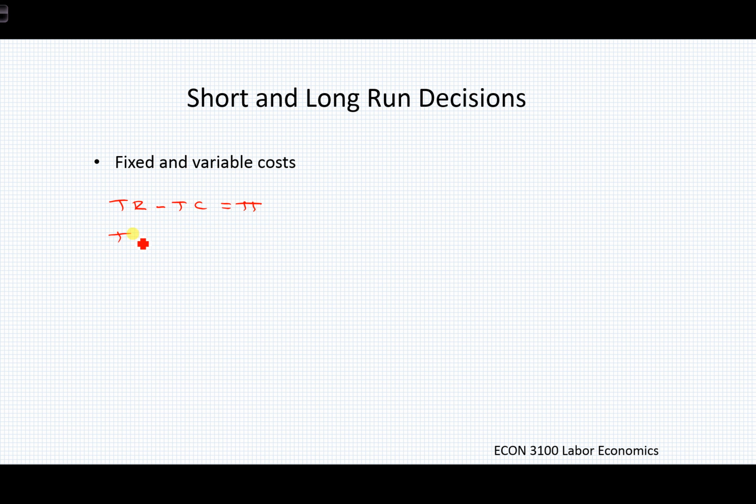And we know that total revenue is equal to the price of the goods sold times the quantity of the goods being sold. We know that total cost is going to be equal to the fixed costs of the firm plus the variable costs of the firm. And we're also going to recall that in our fixed costs, there's going to be the opportunity cost of the investor's time and capital. Now, it's not the only thing there.